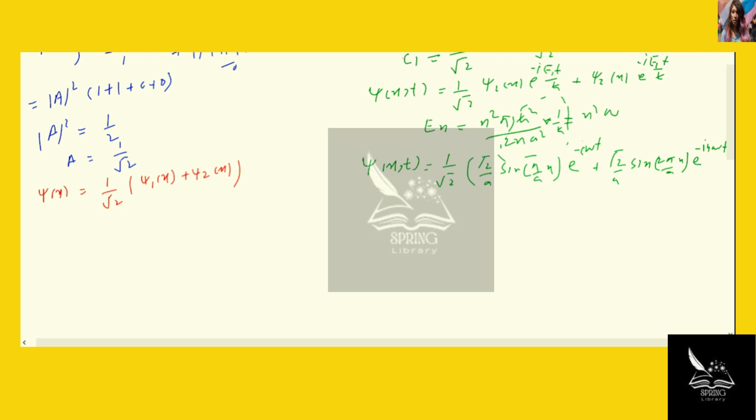So this can be written as psi(x, t) equal to 1 upon under root a into sine of pi by a x e raised to the power minus iota omega t plus sine of 2 pi out of a x e raised to the power minus iota 4 omega t.